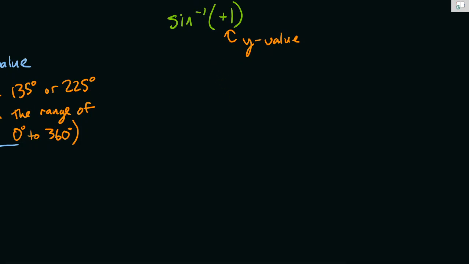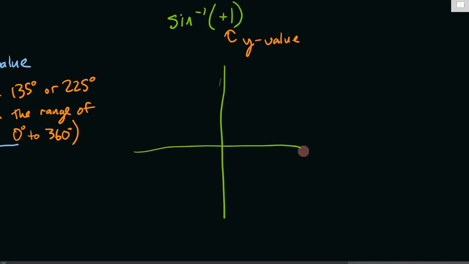So if we sketch our Cartesian grid, a y value of 1 is right here. So that's your positive 1. And so that is your point that is straight up, which is at 90 degrees. And in this case, there is only one possible value. Sine inverse of positive 1 is 90 degrees.